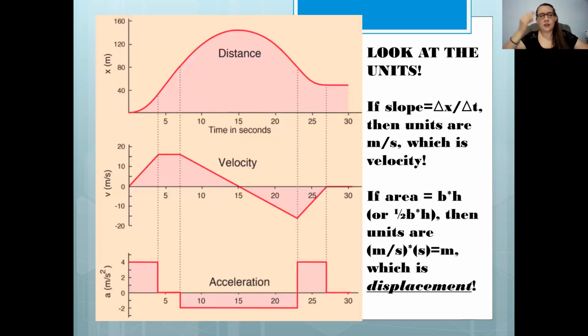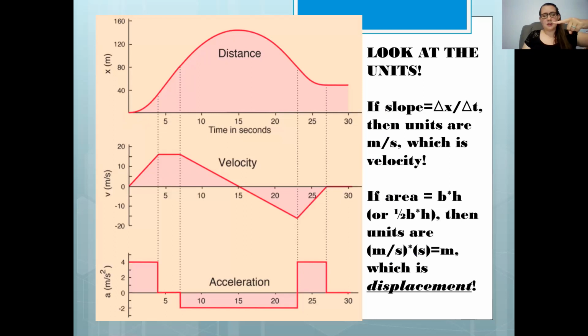Okay, so here's a stack of graphs. We have a position time graph. Ooh, it looks like a roller coaster. And so we can go down from this position time graph to velocity by taking the slope of the line at each point. We can see here in this first section, the slope is increasing.